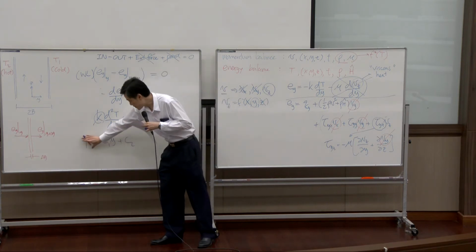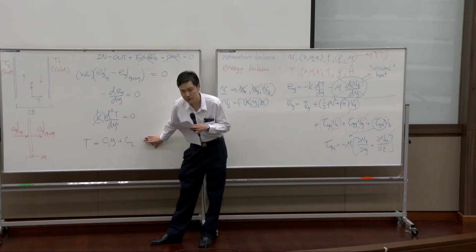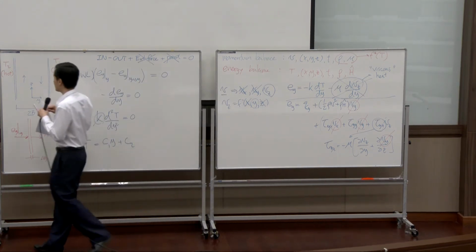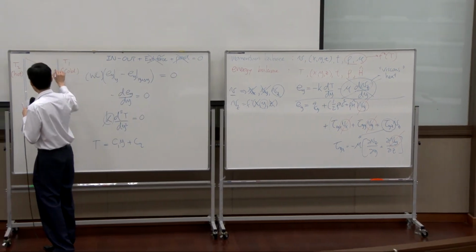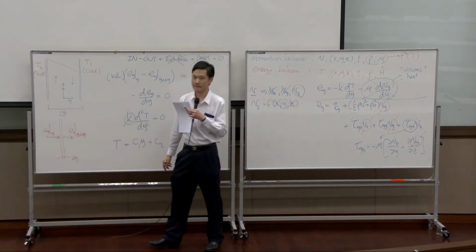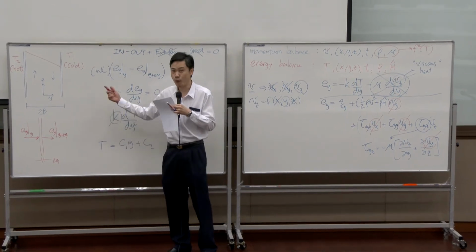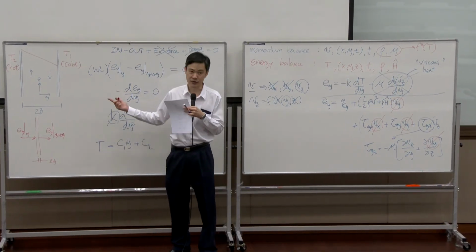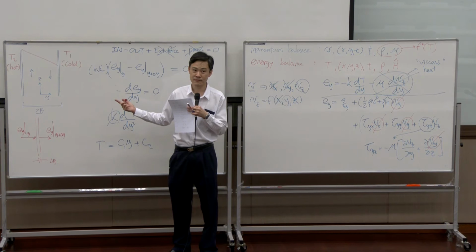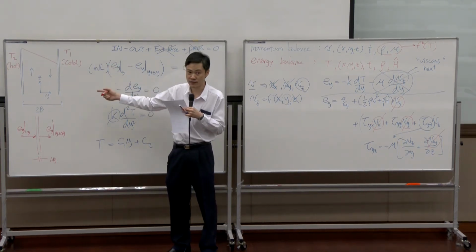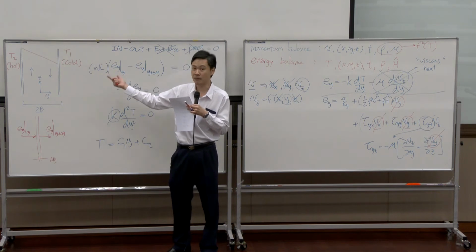So you see that this is a linear temperature profile, which means if I plot the temperature profile, it looks like this. Okay? It is linear because this is one-dimensional conduction. Whenever we have one-dimensional conduction in rectangular coordinates, it will be linear, just like in a composite wall.